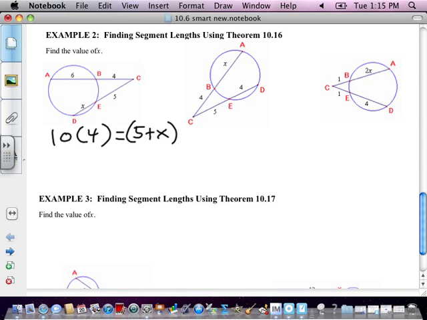Because it's the whole thing times 5. So 10 times 4 is 40. And we're just going to distribute. We get 25 plus 5x. Then we subtract 25 from both sides. And we get 15 equals 5x. Divide by 5, x equals 3.